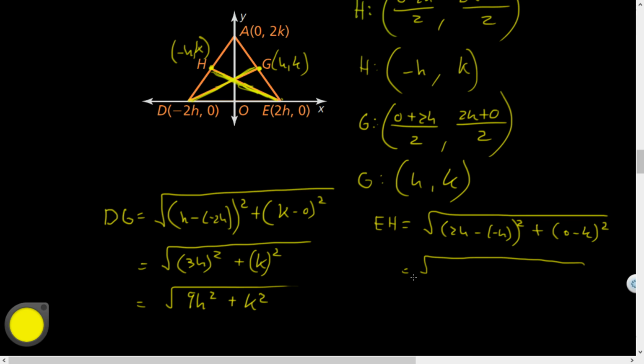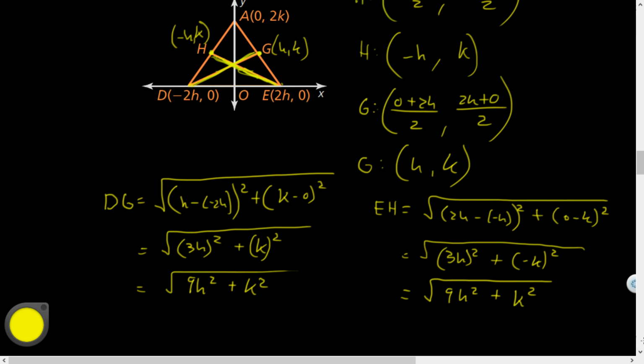Everyone's quiet right now. Yeah? All right. 2h minus negative h is 2h plus h. That's 3h squared. And plus 0 minus k is the opposite of k squared. I'm cool if you say negative k, but most mathematicians would say the opposite of k. So let's see. 3h all squared is 9h squared plus negative k all squared is going to be the same as positive k squared, because squaring a negative will make it positive.